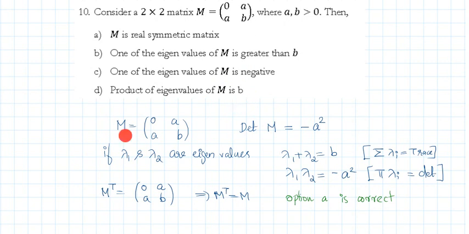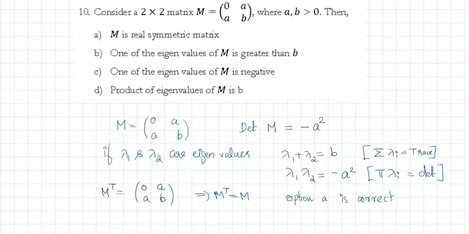Okay. So given M, you can write determinant M is equal to minus A square. You can simply evaluate the determinant. Also, trace of M, trace means sum of diagonal elements, is B. And we have the familiar expressions.